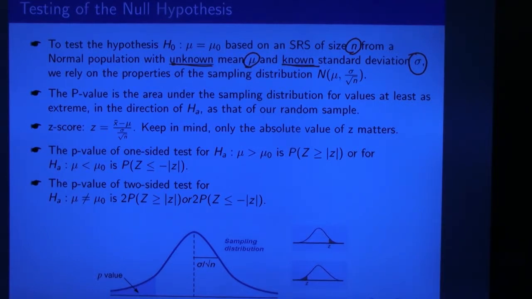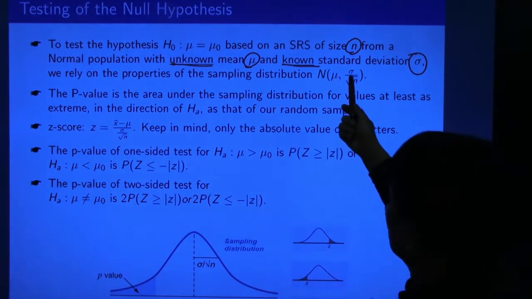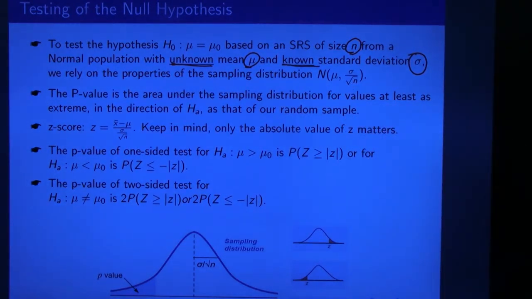We rely on the properties of the sampling distribution. We know the sampling distribution satisfies a normal distribution with a mean equal to mu, and the standard deviation equal to sigma over square root of n.